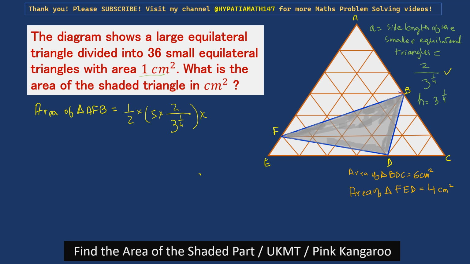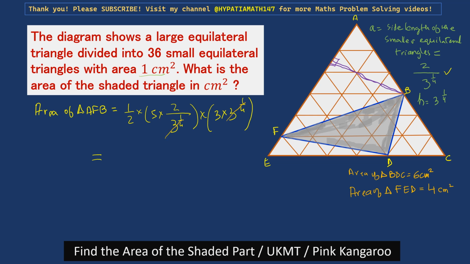So this is the height 1, 2 and 3. So this is the perpendicular. So we got one triangle, another triangle, another triangle. So that would be 3 times 3 to the power 1 out of 4. And what does this give us?